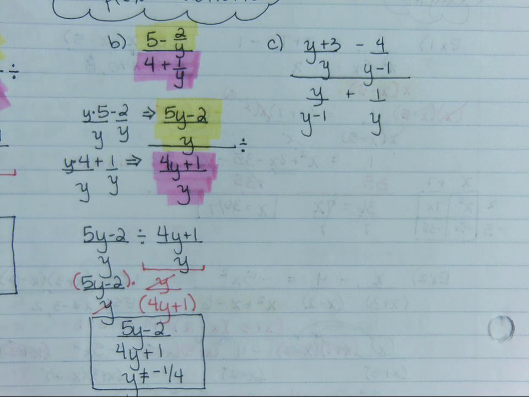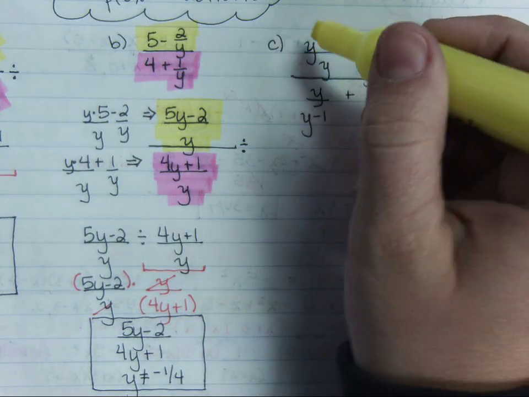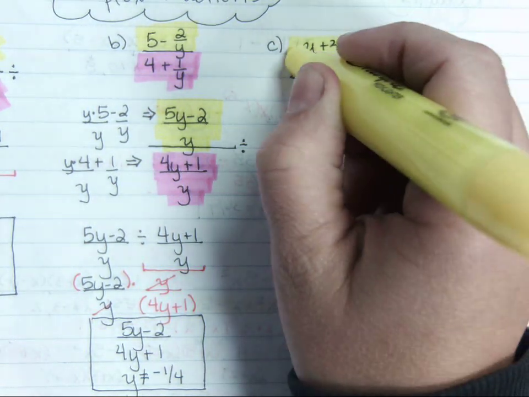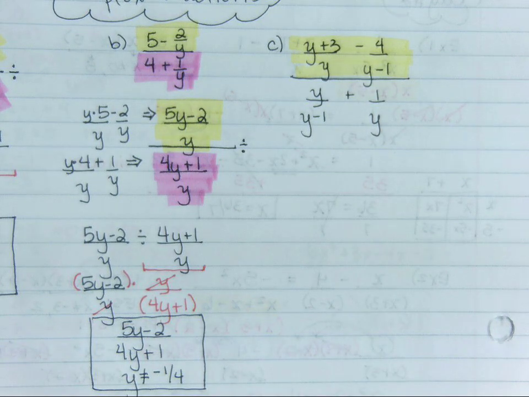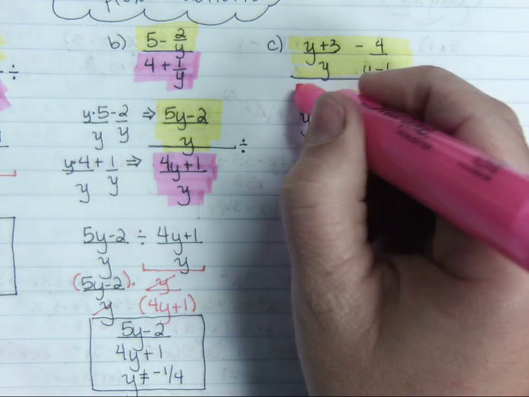And there are alternative ways to do these problems. There are two methods to simplify complex fractions, and I will show you a shortcut later, but right now let's just focus on this process. So again, let's look at this numerator right here and this denominator right here.